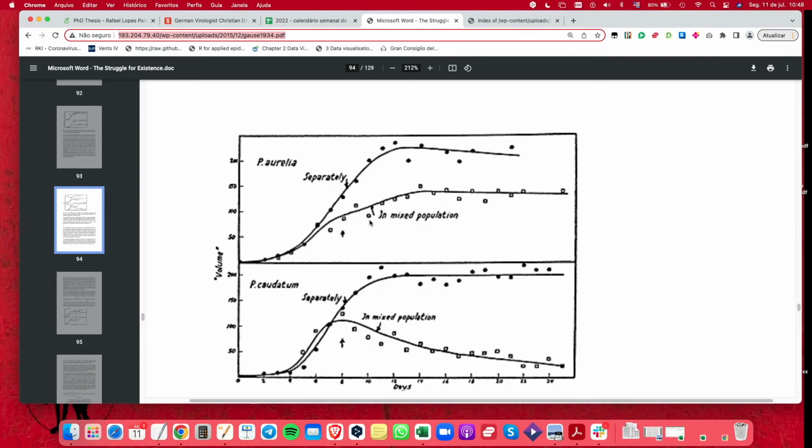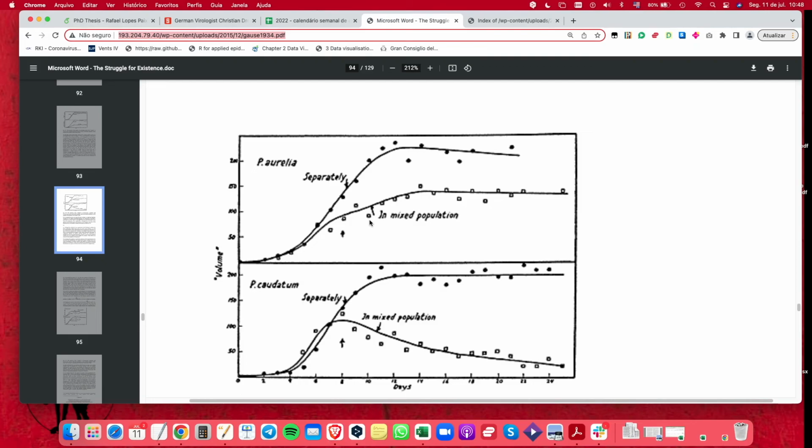Maybe it can explore space more quickly and get to the resources before the other one arrives. When the other one arrives, it gets eliminated, but it keeps going on. So this is one possible mechanism. The other possible mechanism, obviously, is many resources, and so on.